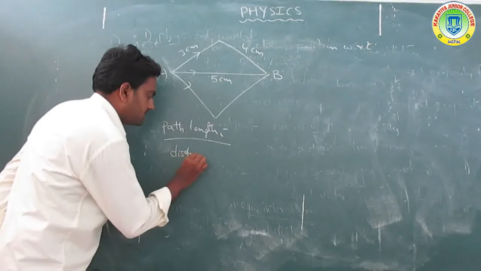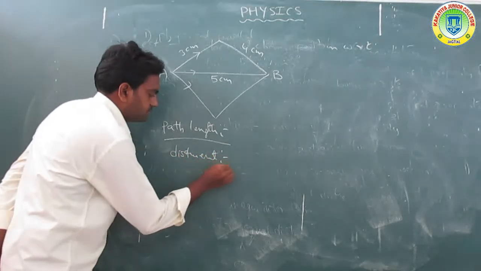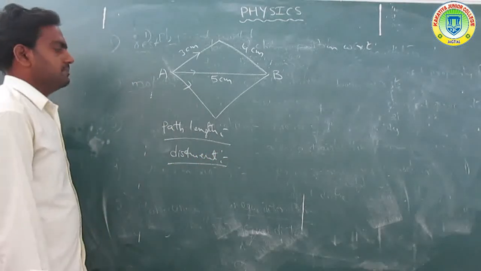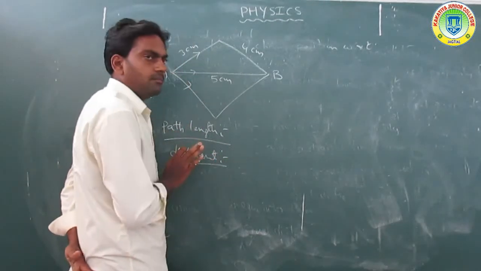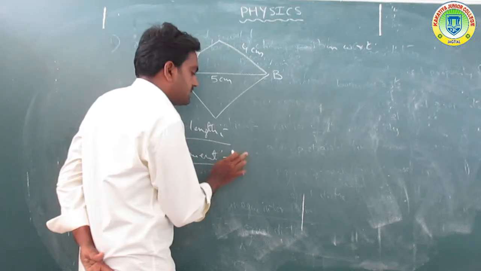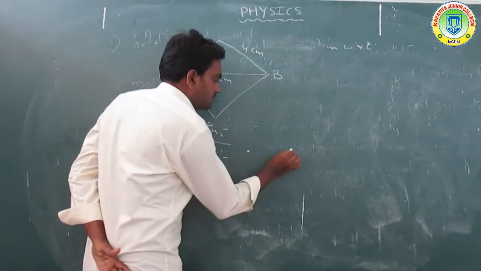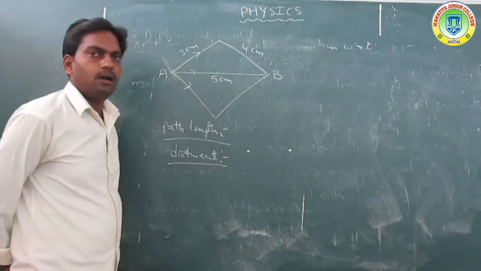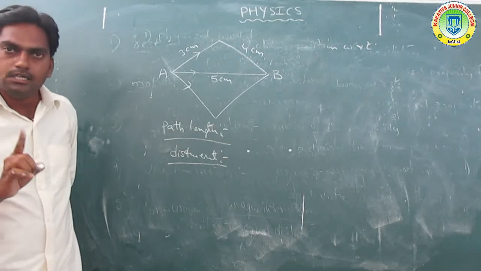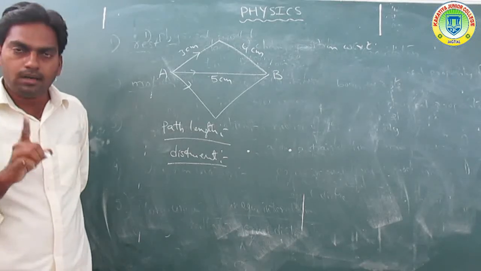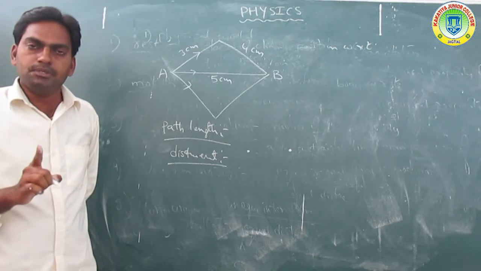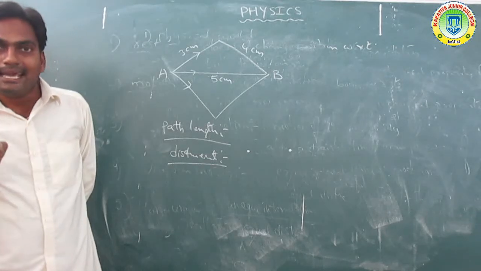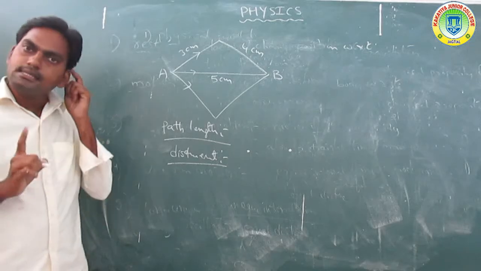So what is the displacement? Displacement is nothing but the shortest distance between 2 points, or the change in position along the straight direction, along the same direction.